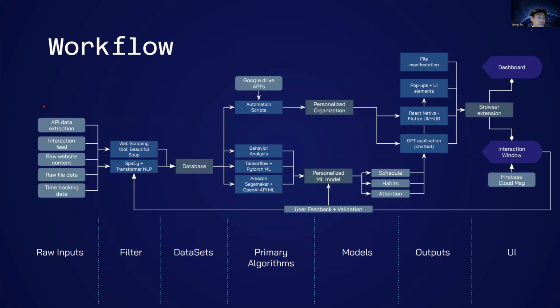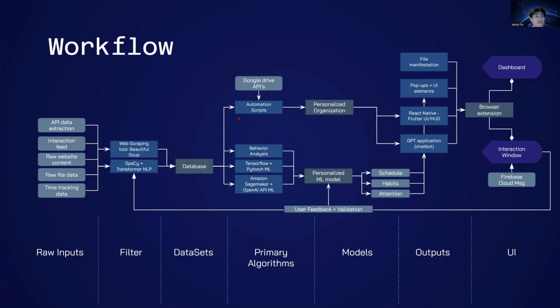I have raw input, and this input of data is sent through to the filtration sector, which includes transformers, which are examples of natural language processing, and filters it down into my data set, which is then used to train these 4 primary algorithms, which include things such as behavior analysis, TensorFlow, PyTorch, which is machine learning, which feeds directly to make a personalized model where I can model and program will visualize each individual person and give them a personality.